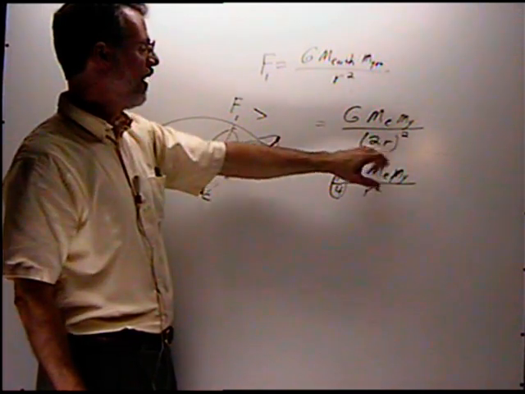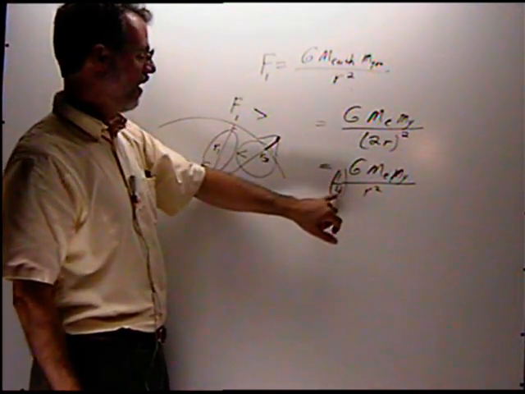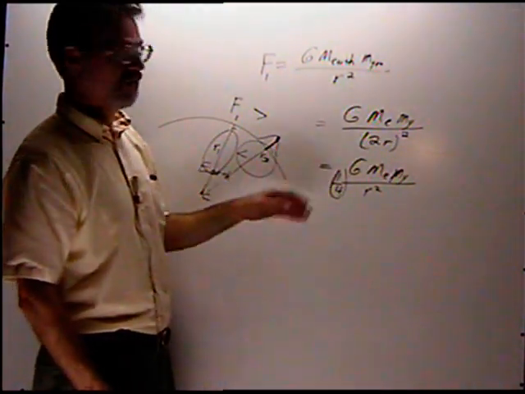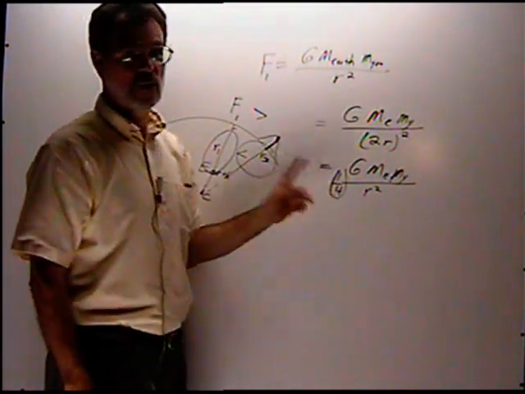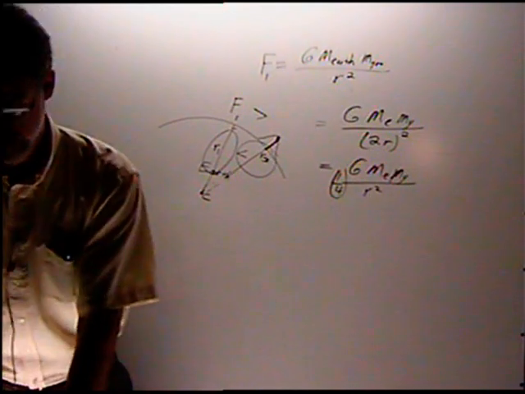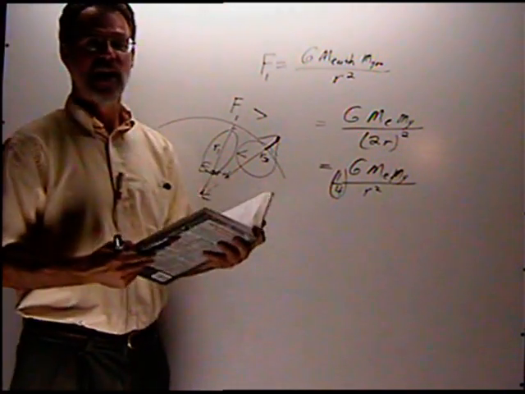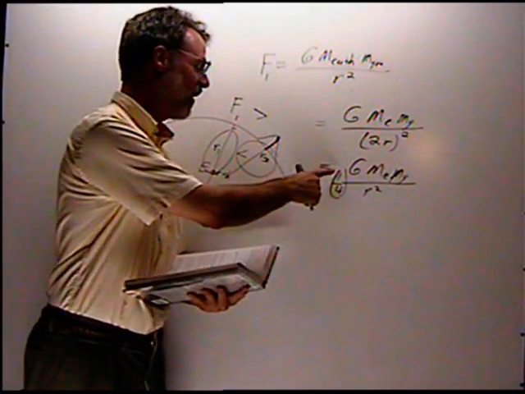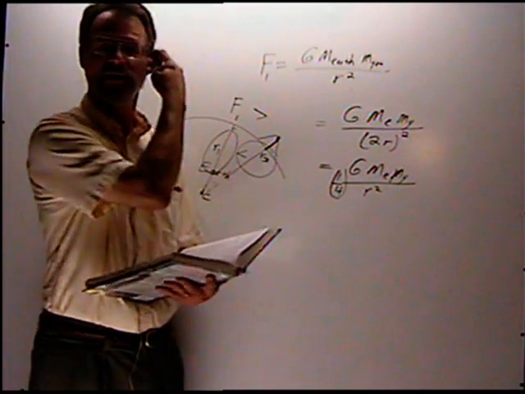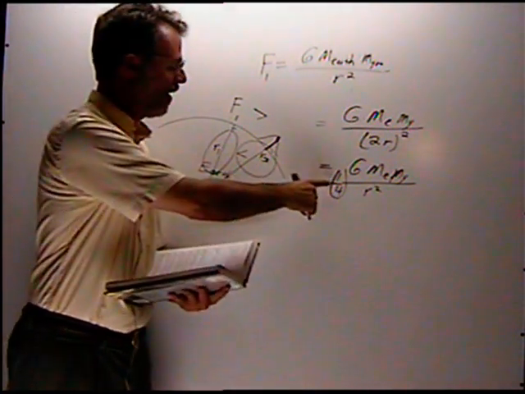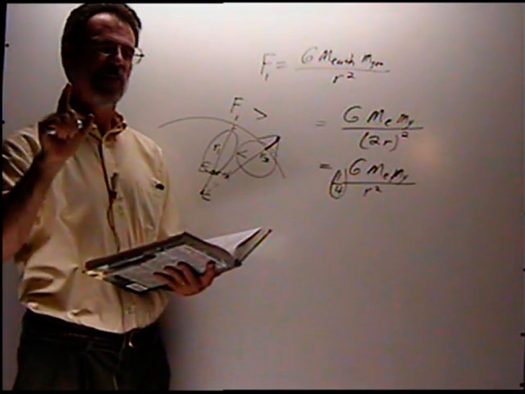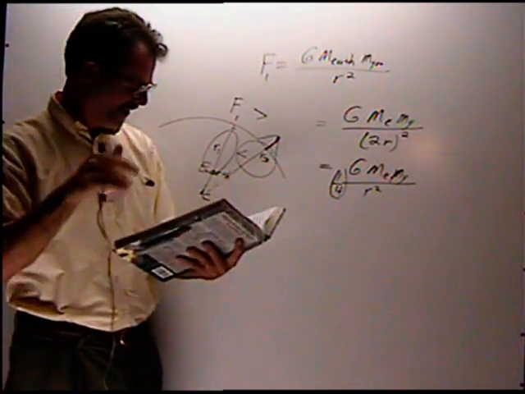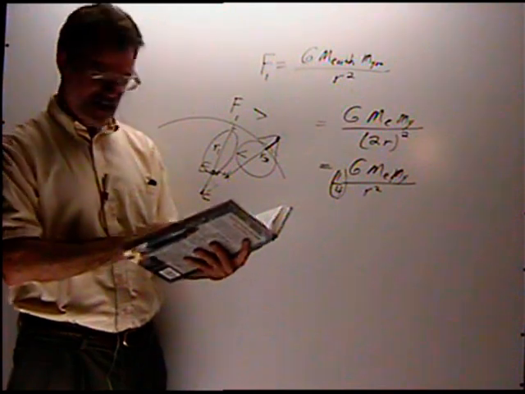When we square the 2, we end up with 4, but that's 1/4, so the gravitational attraction is reduced. It's reduced by being multiplied by 0.25. There we go.